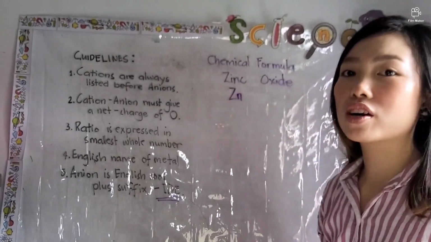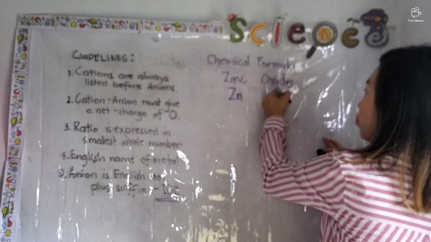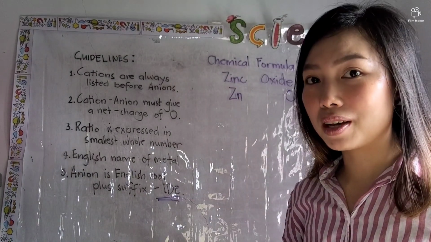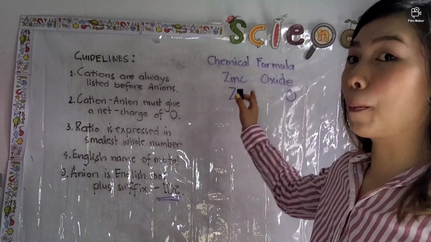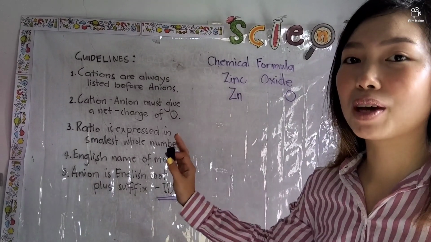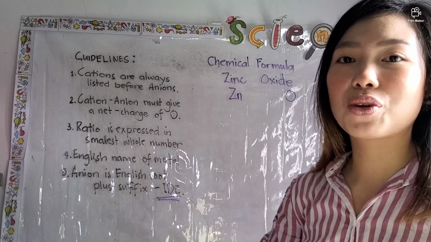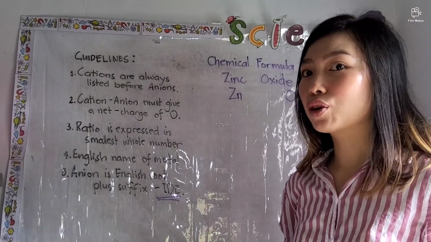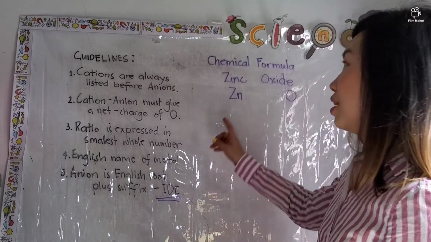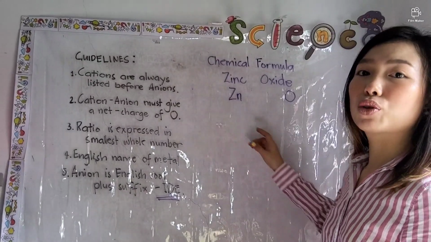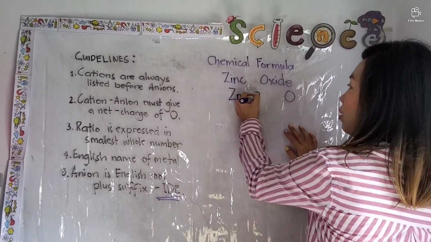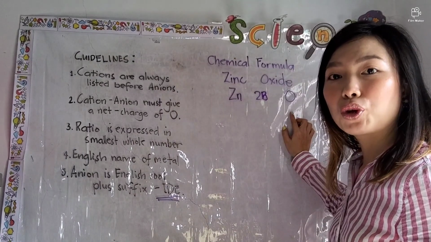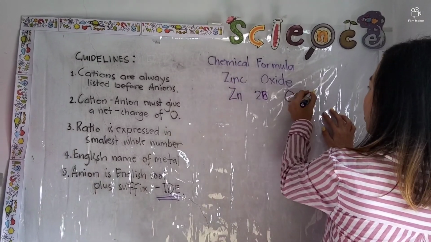The symbol of oxygen is O. So after knowing the symbol of the elements present in the compound, kung ano yung mga elements na meron sa compound, the next thing that you have to do is to identify their group. Nasaang group ba matatagpuan si zinc? So zinc is found on group number 2B. And then oxygen is found on group 6.